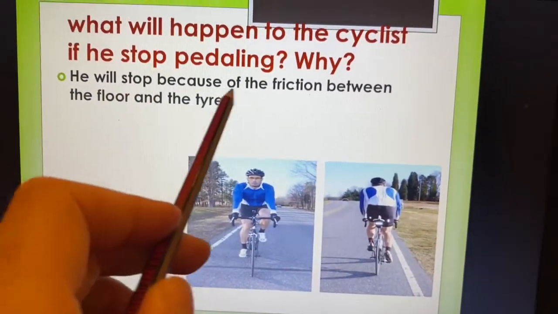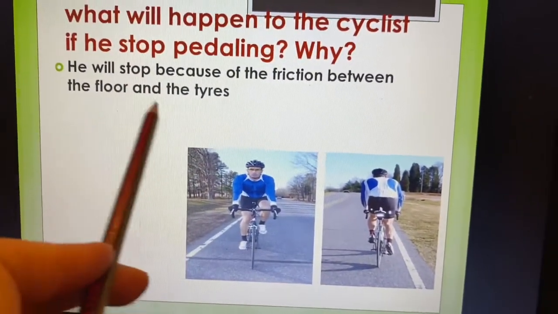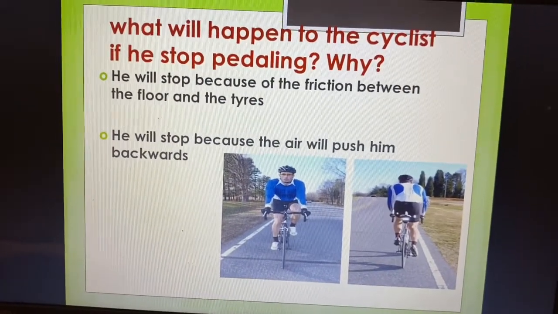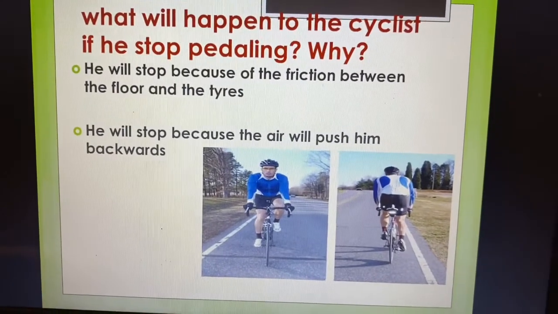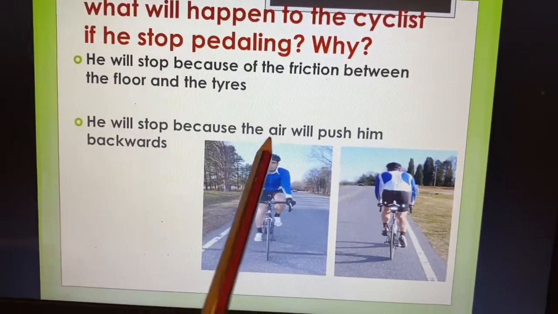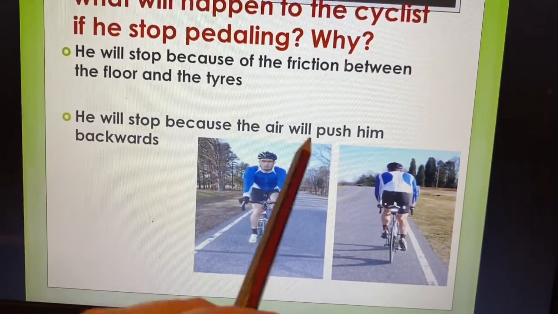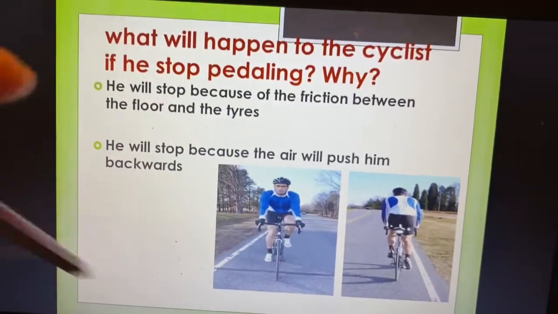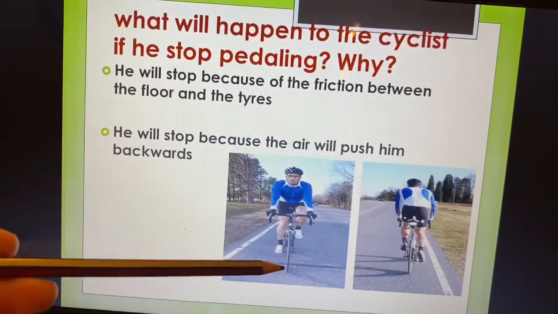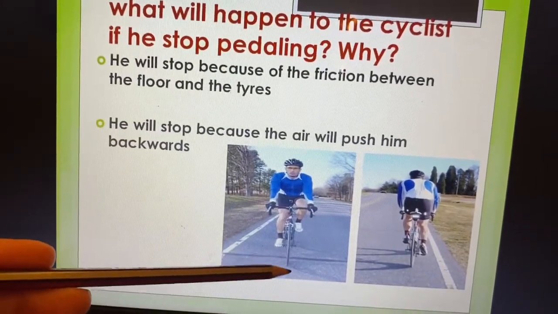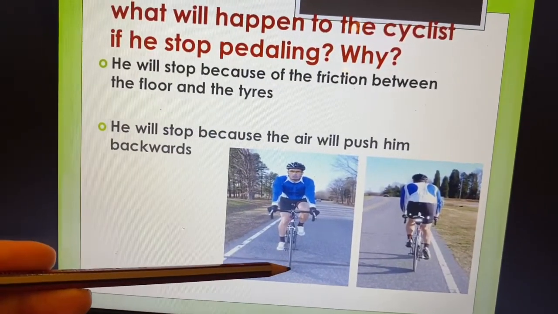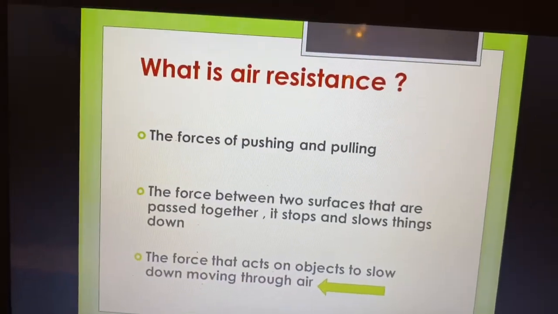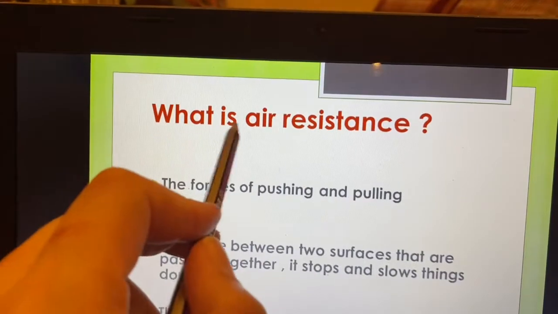He will stop because of the friction between the floor and the tires. Also, there is something else that will stop the cyclist. What is it? The air will push him backwards, right? There are two reasons why he will stop. There is friction between the tire and the floor, and the air will push him backwards, and this is called air resistance.